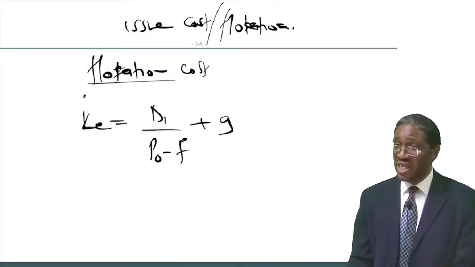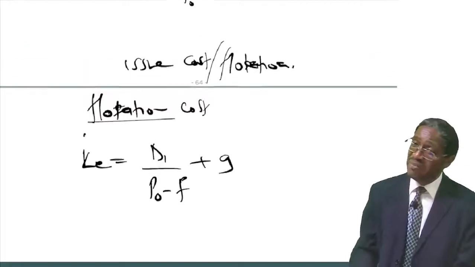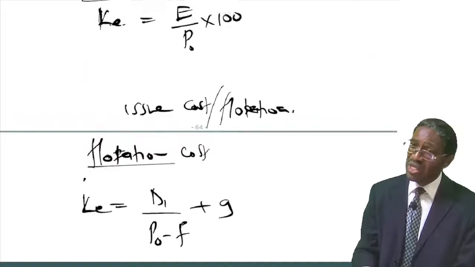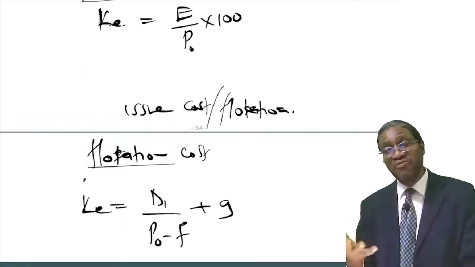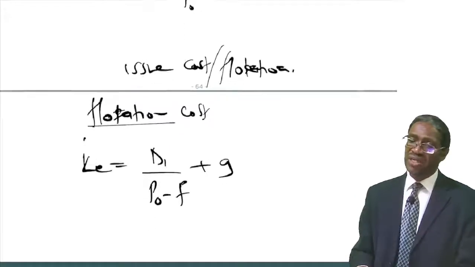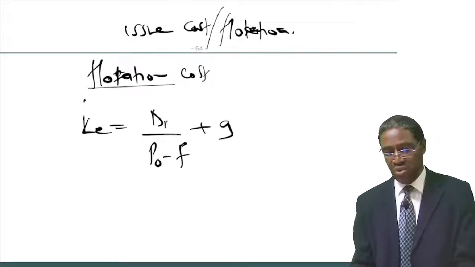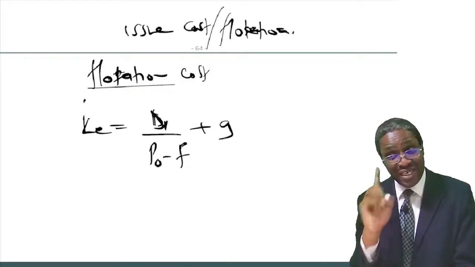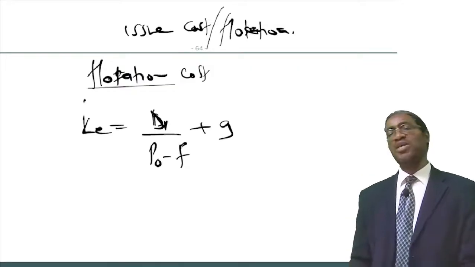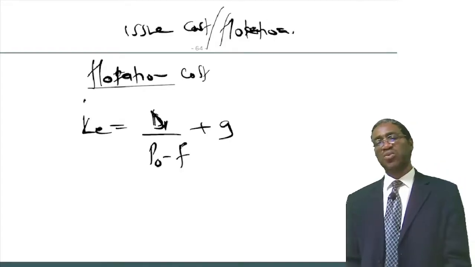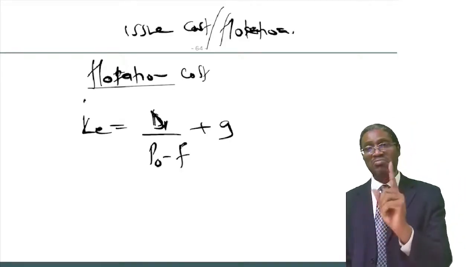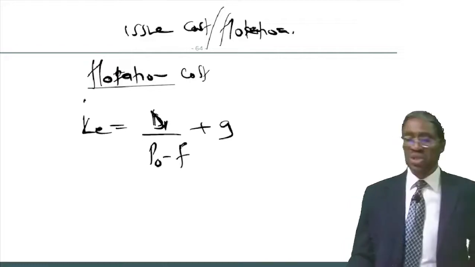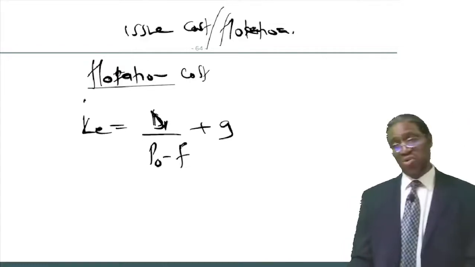And now where we expect some flotation cost, we modify the formula and take it to be D1, which is the expected dividend, divided by P0 minus F, which is the flotation cost, plus g, which is the growth rate. Good.